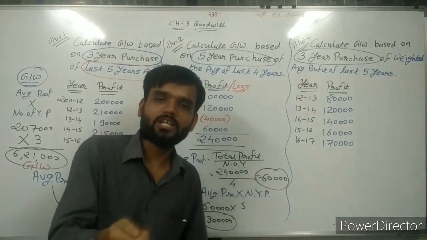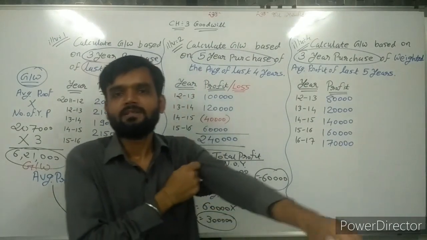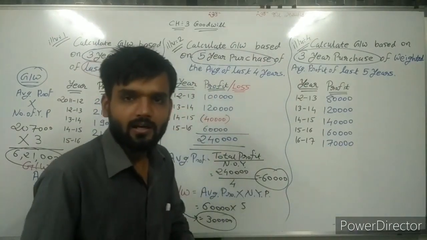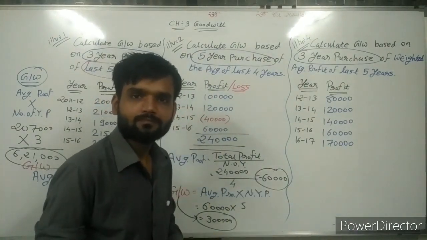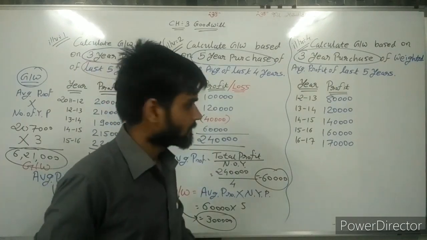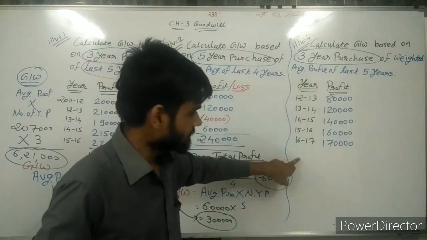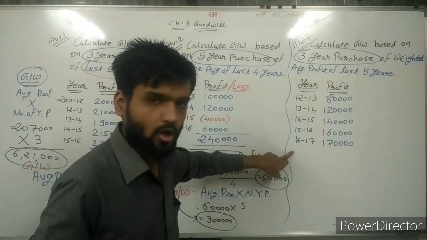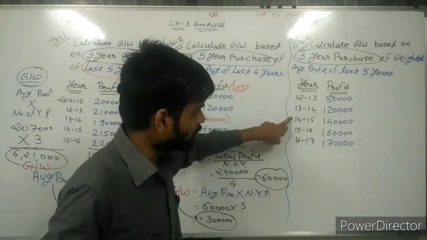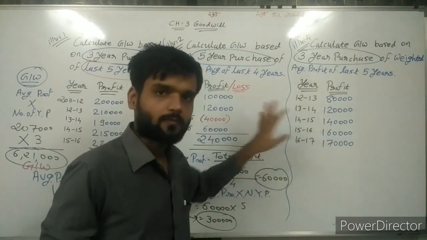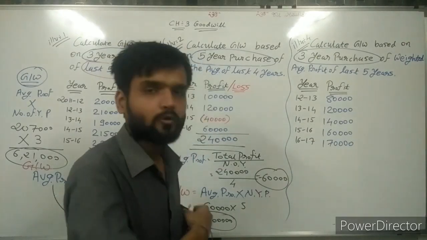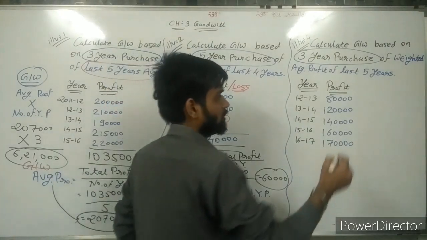So first of all, give weight. How can we give weight? Your first step: first see the years. Are the years perfectly given or not? 12, 13, 14, 15, 16. Yes, the years are perfectly given. Then how can we give weight?